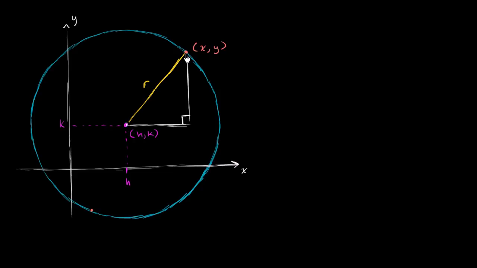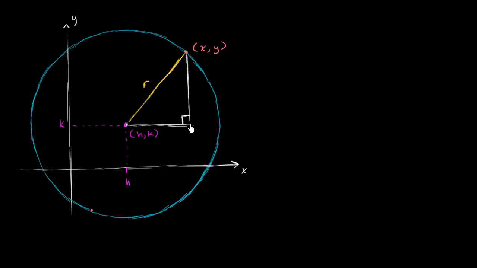So if we can express the height of this line in terms of the variables we've just put out, and if we can express the width of this line right over here in terms of these variables somehow, then we can relate those to r using the Pythagorean theorem. R is the hypotenuse of this right triangle. Well, what's this height going to be?